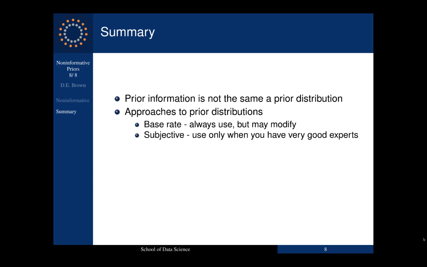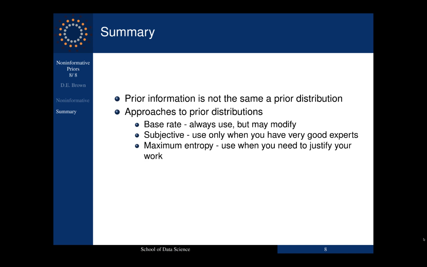For subjective approaches, the argument is to use them only when you have really good experts who really know what they're talking about, and even then, be very cautious. Subjective approaches typically can lead to problems if you don't correct for issues that humans, even very good expert humans, have when trying to estimate probabilities.